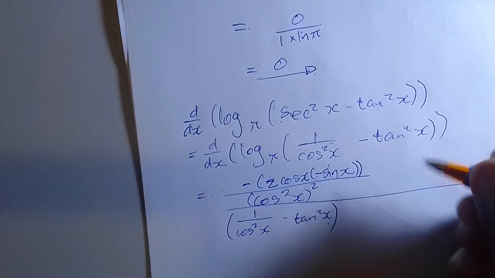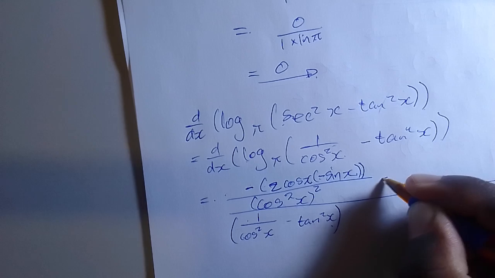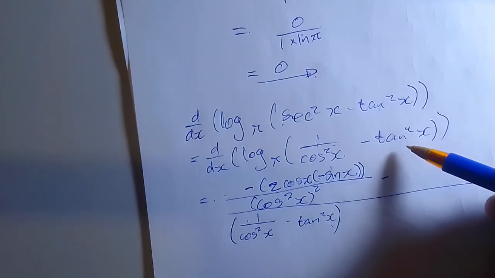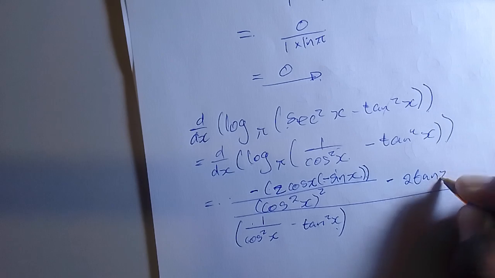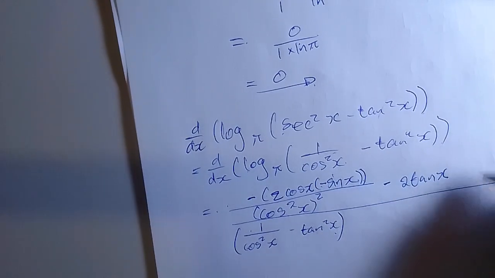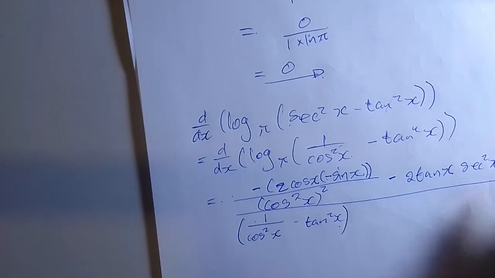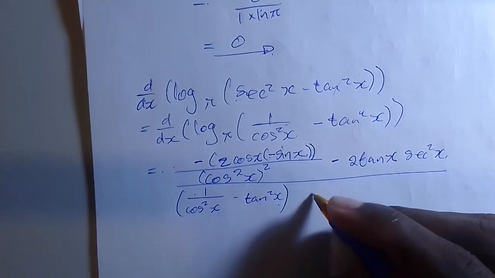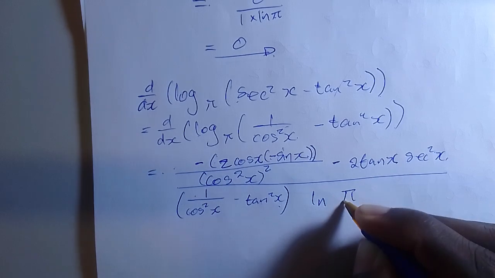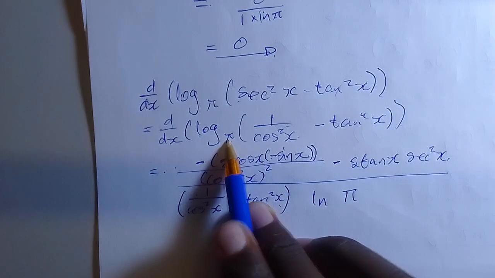Then we are done with this one. We are going to this guy. We have negative. We differentiate the outside. It'll be 2 tan x, and then differentiate the inside, which will be sec squared x. We are trying to get the same answer. We should. Well, you're not forcing it to be, but don't forget to add your ln base.